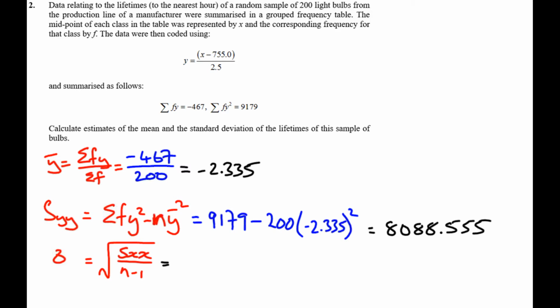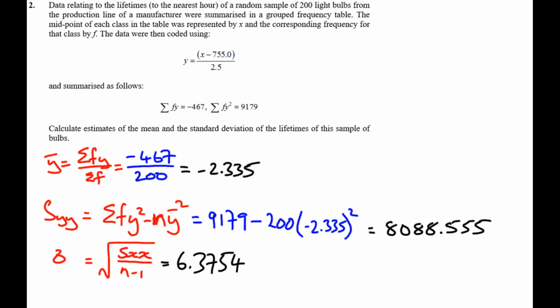When we substitute that in, that answer is divided by 199. Okay, so that leads to a sample standard deviation of 6.3754. We'll take 4 decimal places for non-terminating decimals. Okay, so these are the statistics that we have for Y.